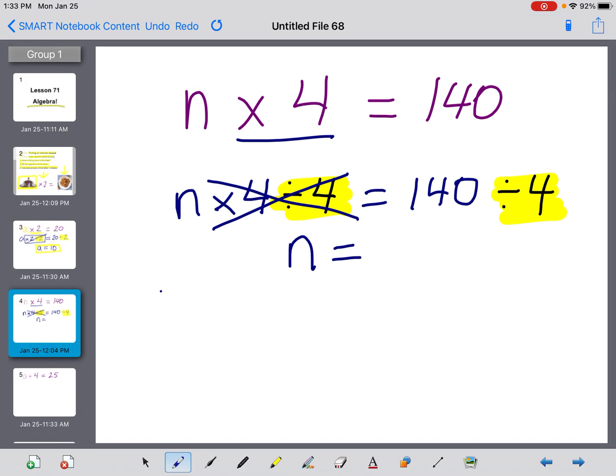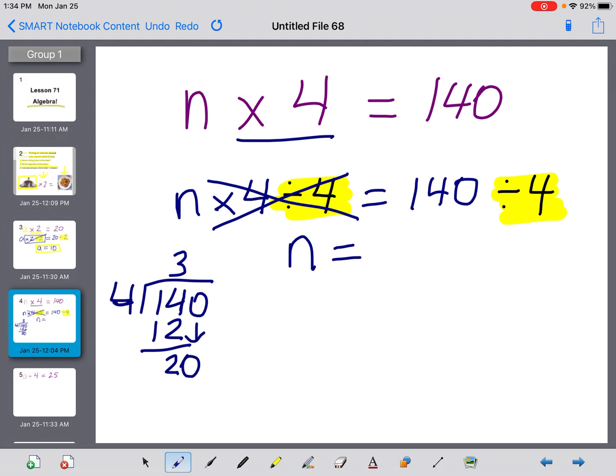Now, maybe you can't do that in your head. So all you have to do is 140 divided by 4. A little bit of long division here again. Whoa, don't know what happened there. Let's make that 4 look a little more like a 4. So all you have to do, think to yourself, how many times does 4 go into 14? It goes 3 times. 3 times 4 is 12.